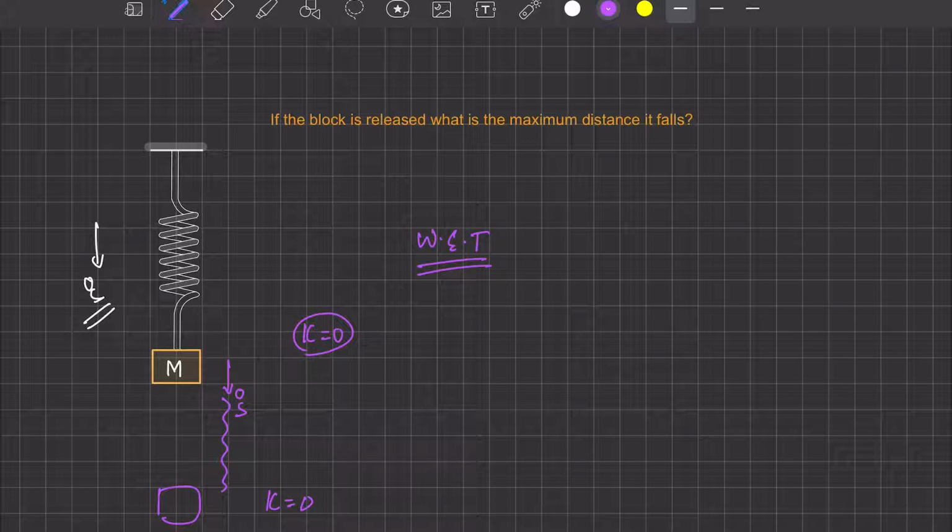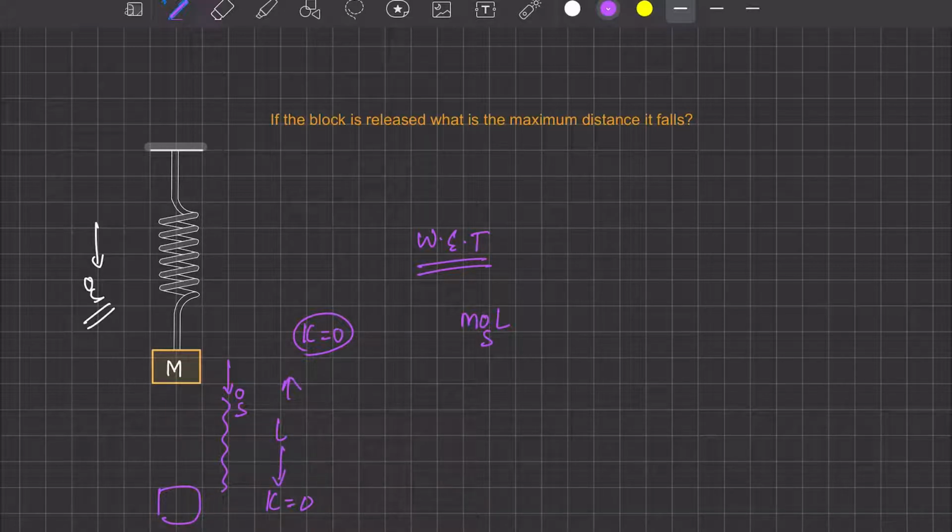So as the block moves down, it loses potential energy because it loses height, right? As it loses height, it loses potential energy. And how much potential energy does it lose? Let's say it loses mgL, where L is the maximum distance traveled.